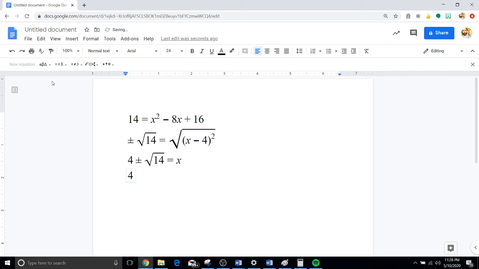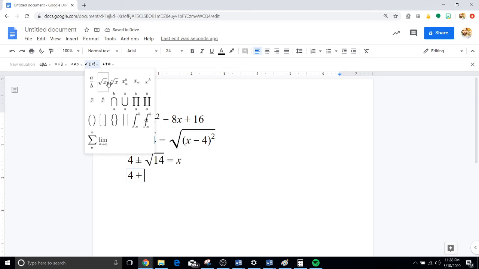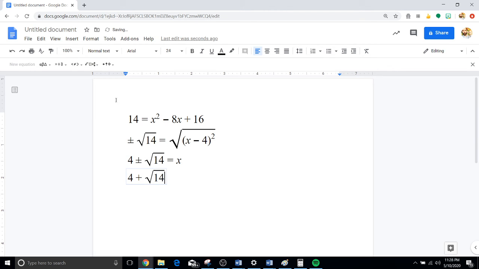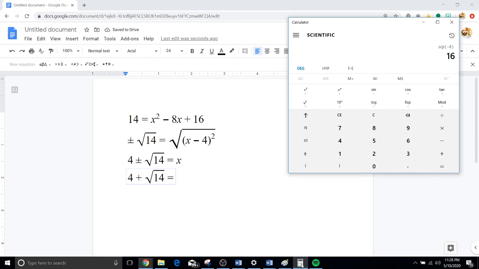So 4 plus the root of 14 is going to be equal to, well, let's first find out what the root of 14 is. So 14 rooted gives us a big old long ugly number, but let's just call it 3.74. Then we're going to add 4 to that. We're going to get 7.74 approximately.